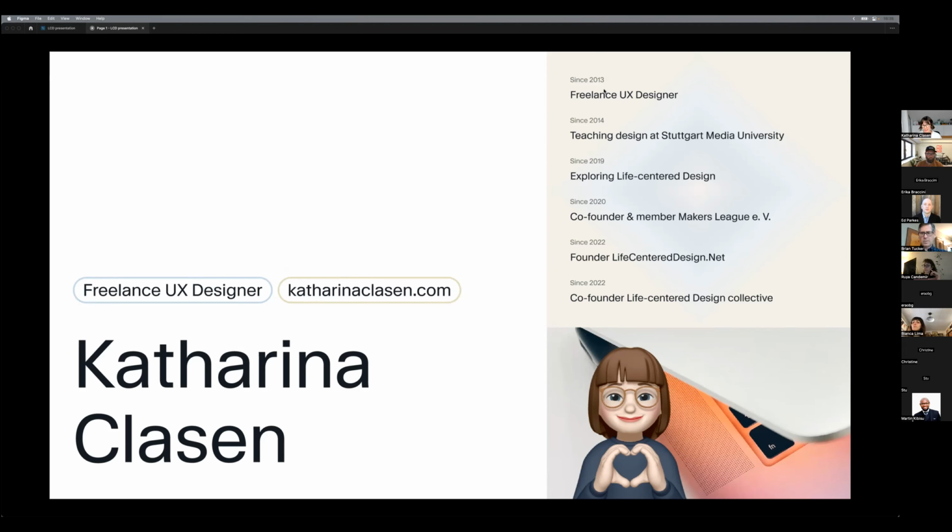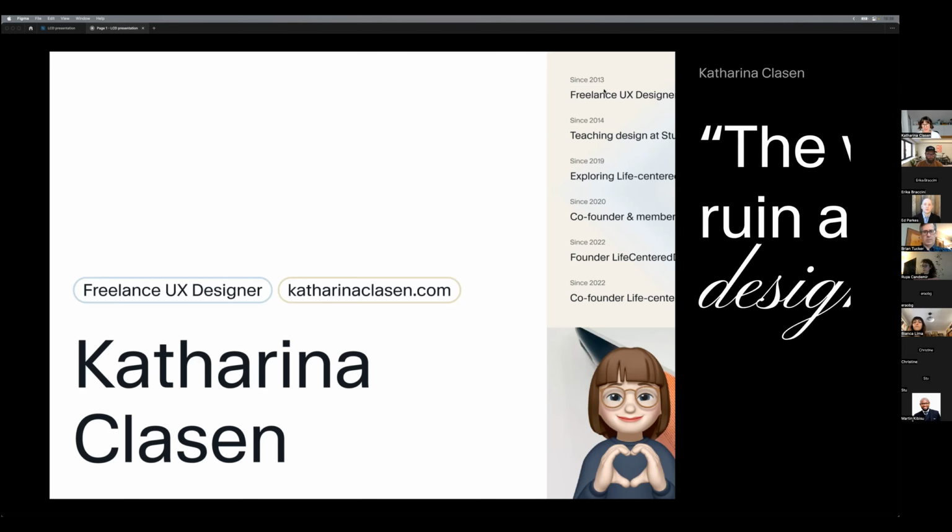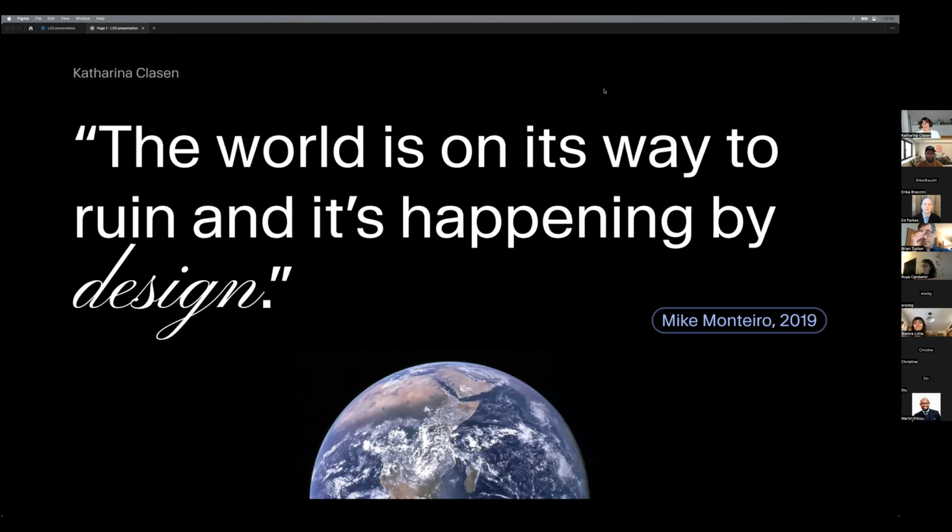And hopefully soon I will also co-found a little working group inside a larger German nonprofit organization that will be about design for sustainability. So a lot of work on the side, but my main work is being a UX designer. So you might recognize this in my presentation today as well. Let's start with a quote, because I think that's enough about me.